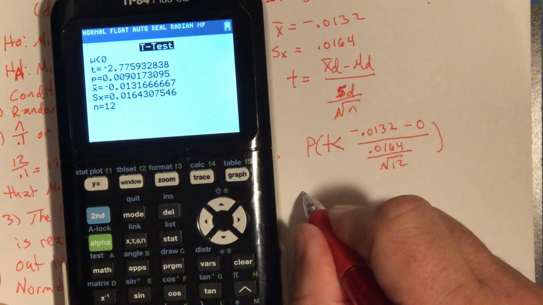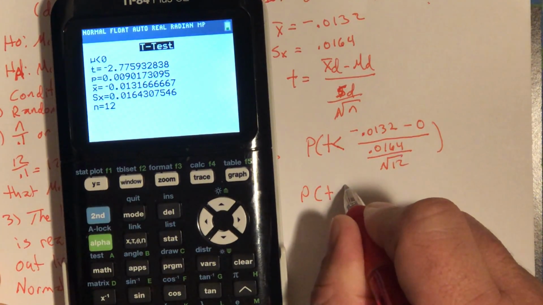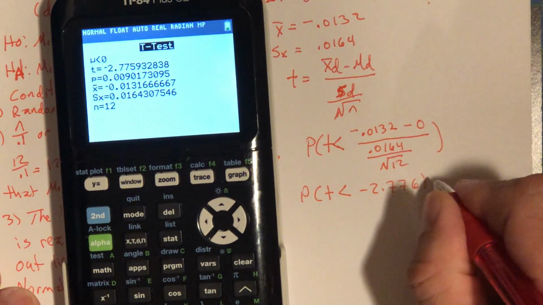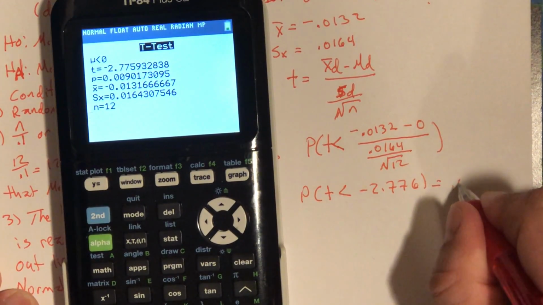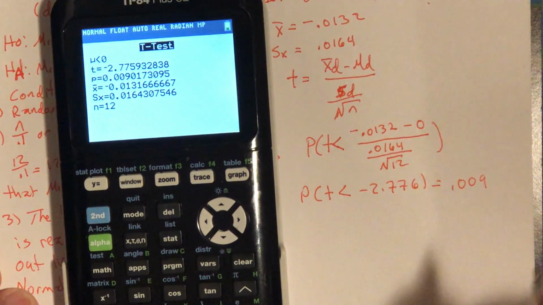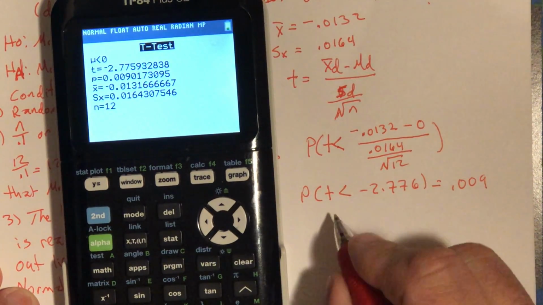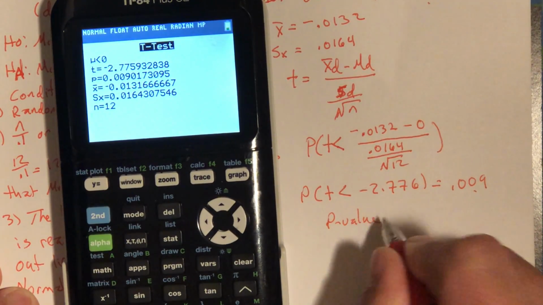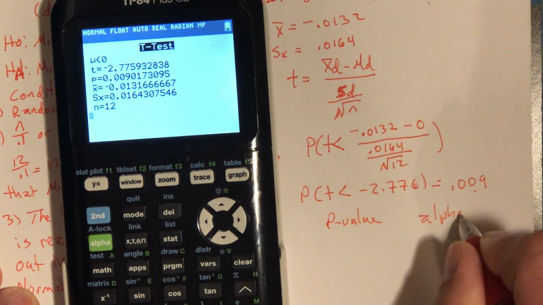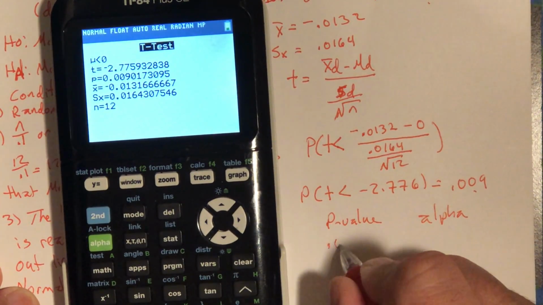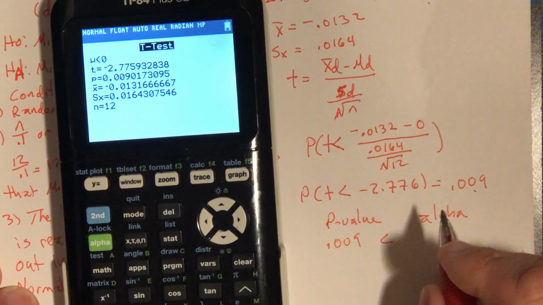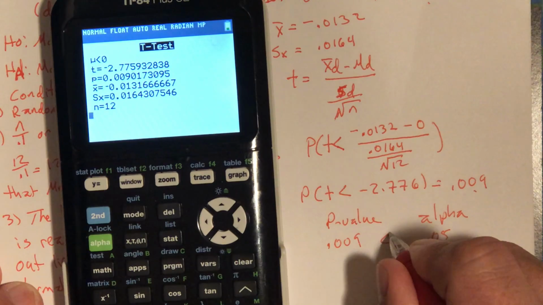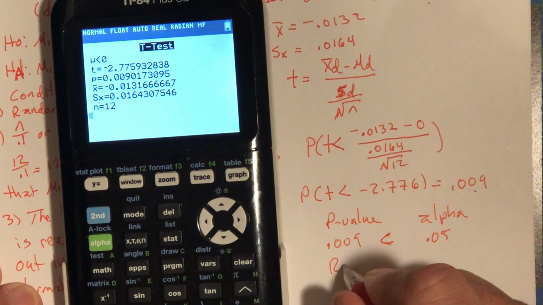I end up getting the probability that t is less than negative 2.776, and that equals 0.009. Well, that's my p-value. So my p-value versus my alpha: my p-value is 0.009, and if we use an alpha of 0.05, this is definitely less than. So we're going to reject the null.